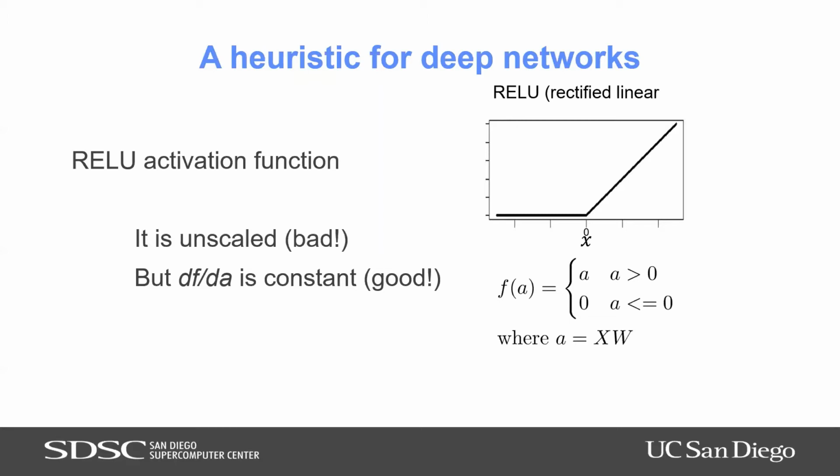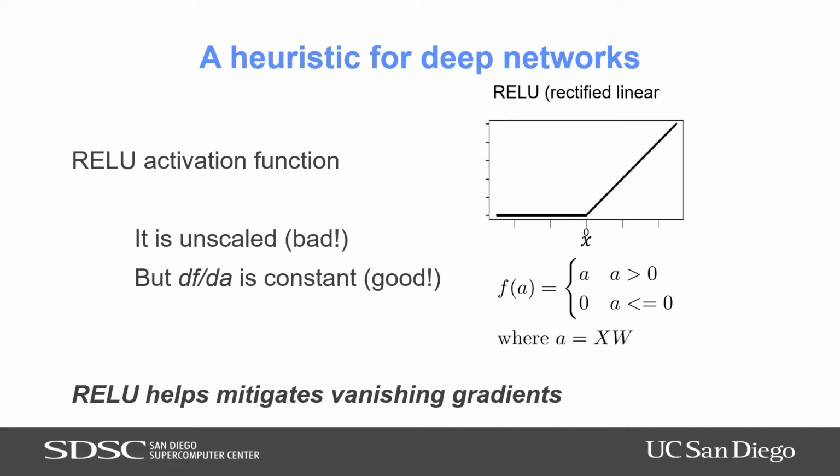So people have discovered that this kind of activation function is really feasible. It works really well, and we can mitigate any issues it has. And the main thing is this helps with the vanishing gradient problem.